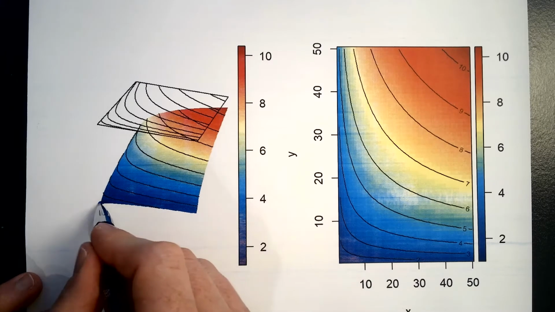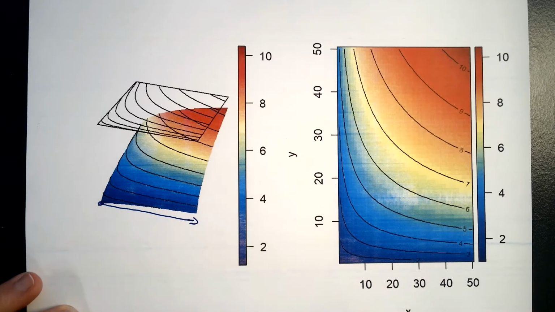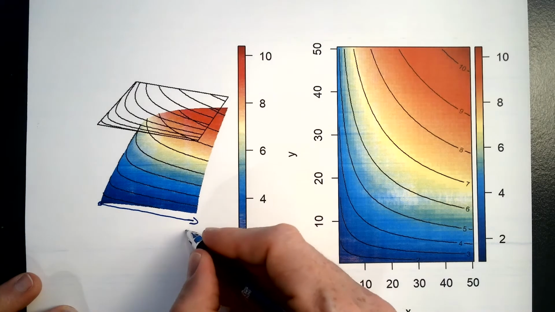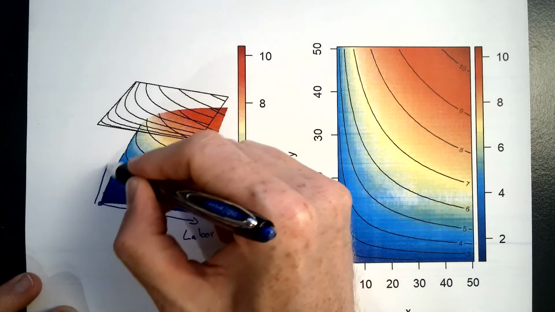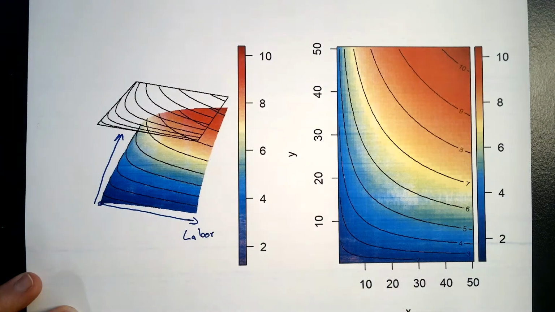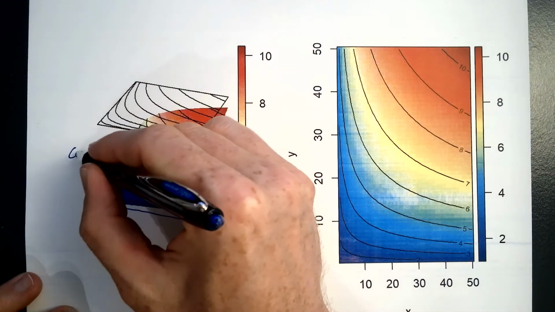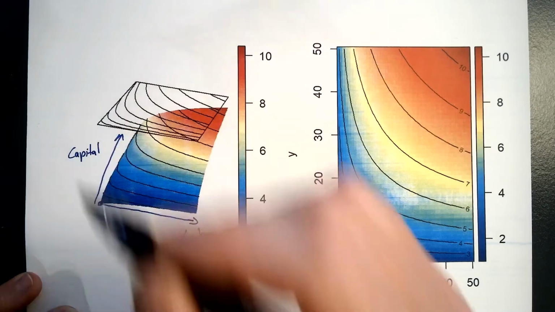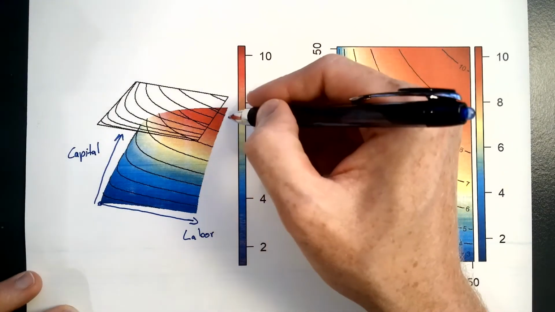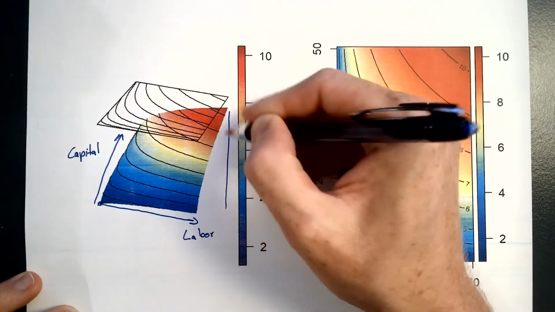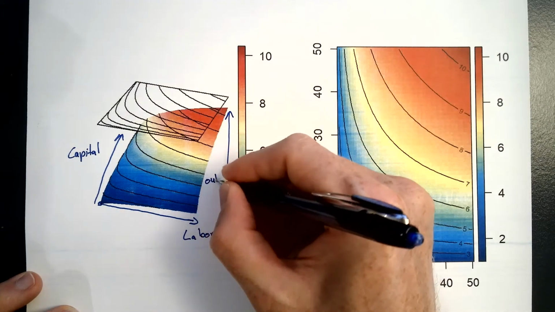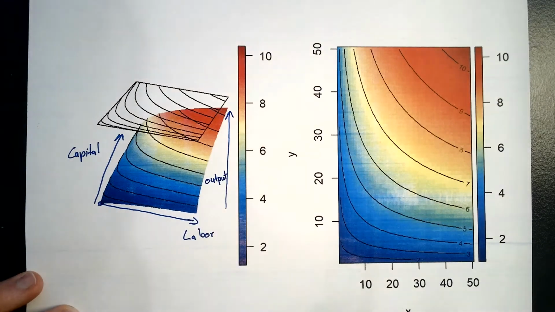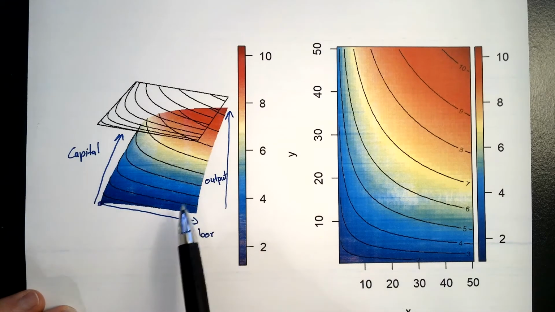You can assume that on the x-axis you would have labor, on the y-axis you would have capital, and the z-axis, or the height, would be your output. Think about this as a three-dimensional shape.